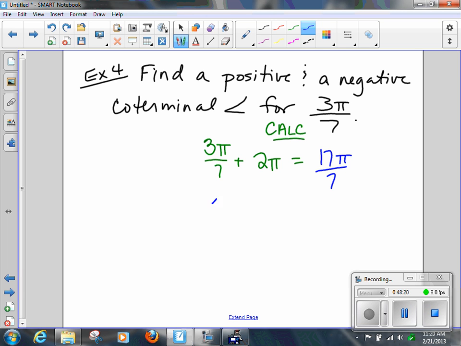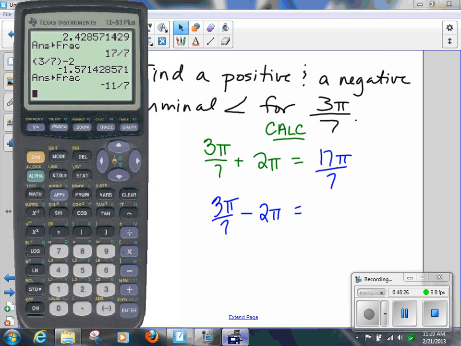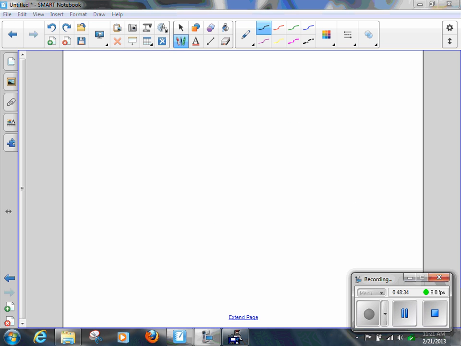Yes. And then 3 pi over 7 minus 2 pi. Did you get negative 11 sevenths? A different type of parameter that you would be given might look like this.